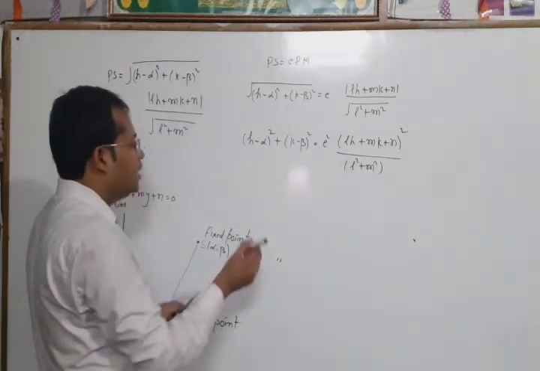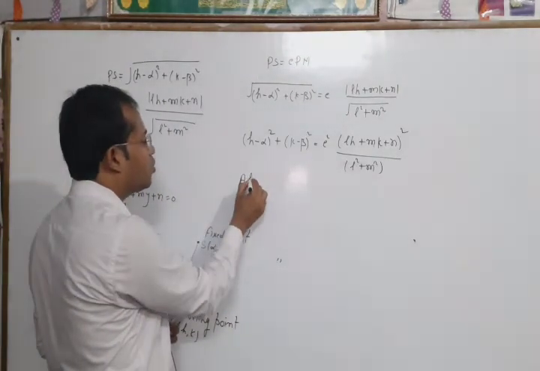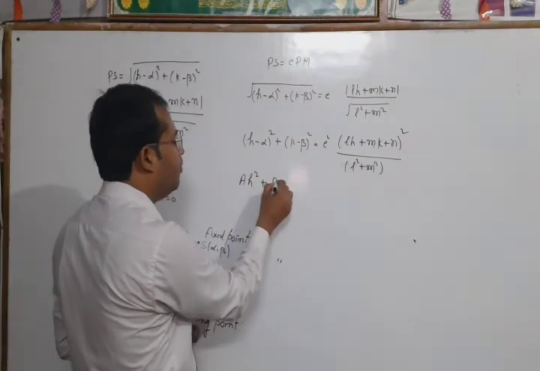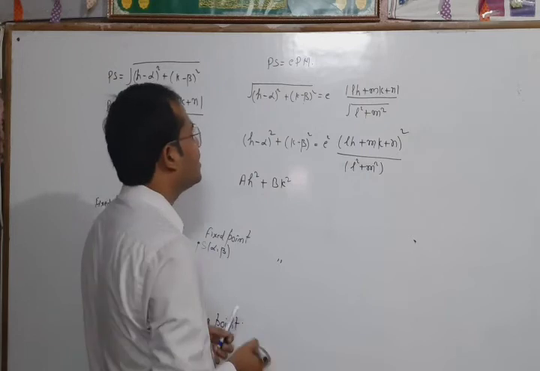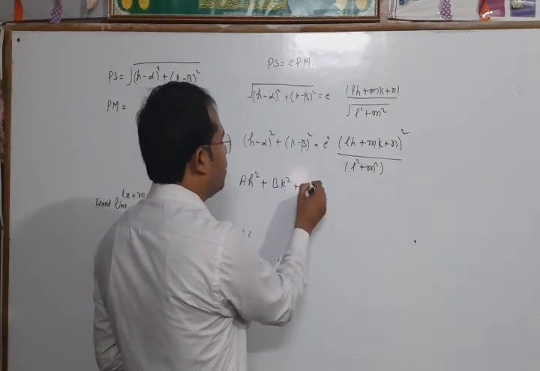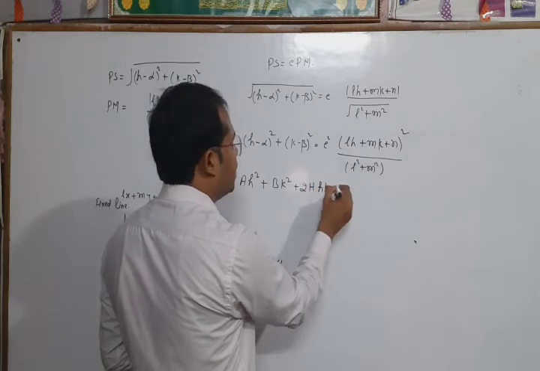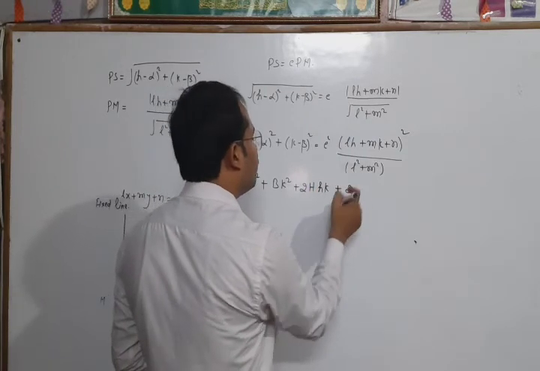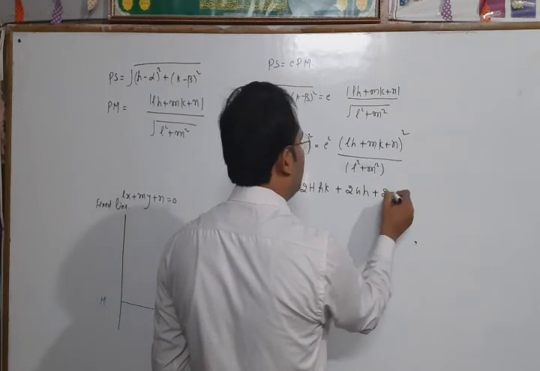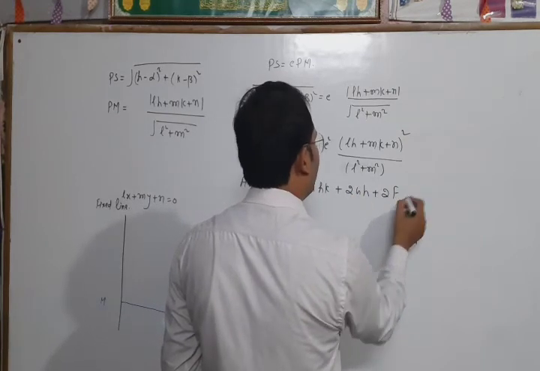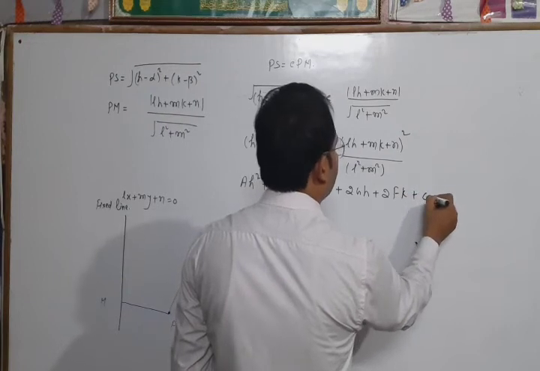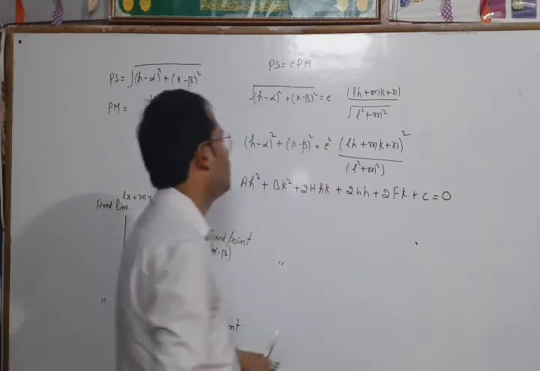You can see A is the constant, B is the coefficient of k square, 2h is the coefficient of hk, 2g is the coefficient of h, 2f is the coefficient of k, plus c is equal to 0.